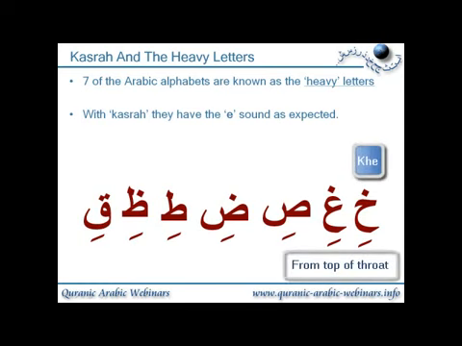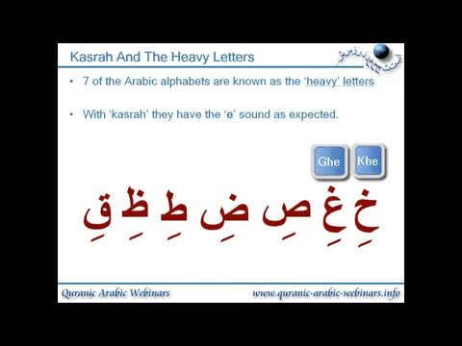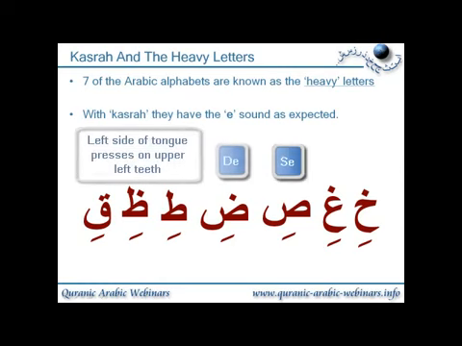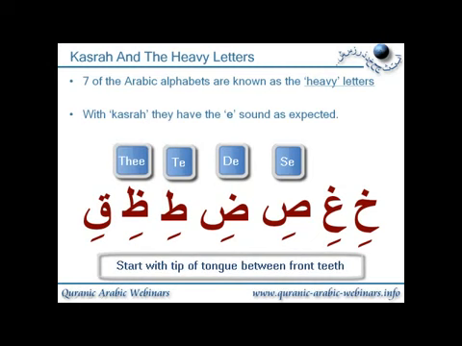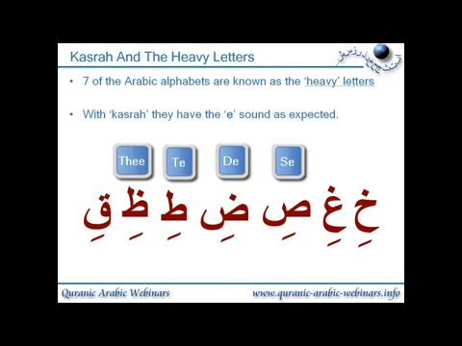So we have Khi, Ri, and those two are not completely full mouth. Then we have Si, Di, Di, Thi. Those 4 are all full mouth.